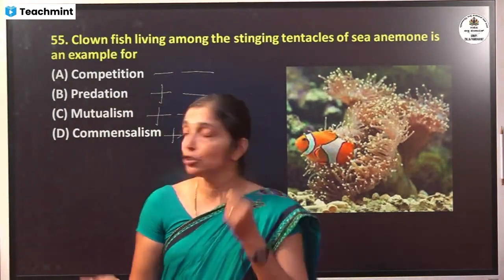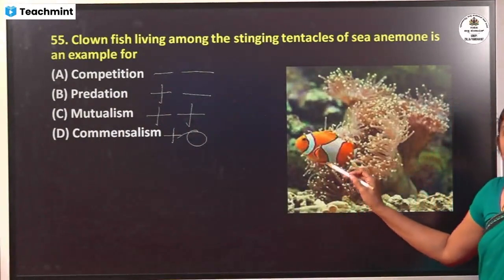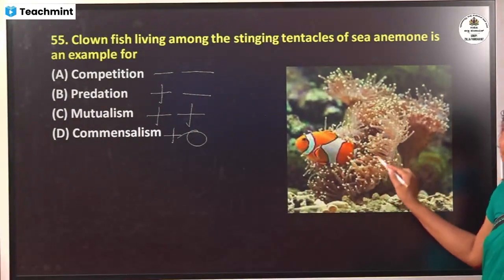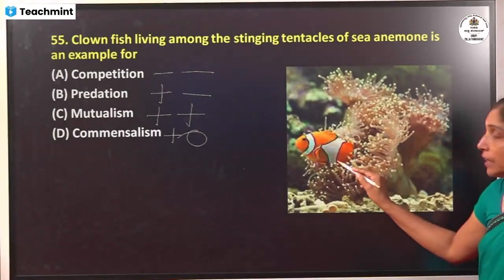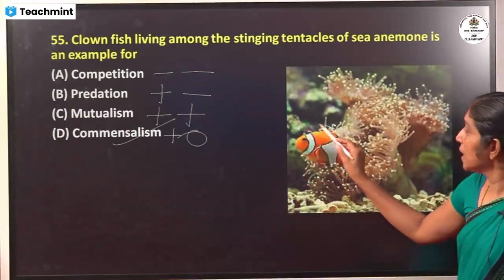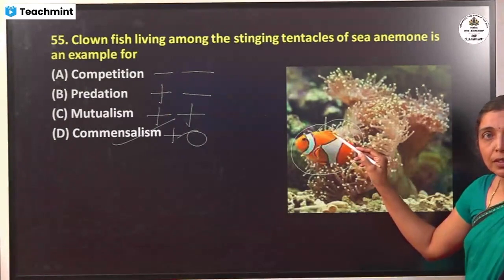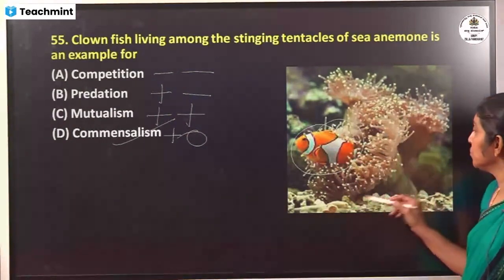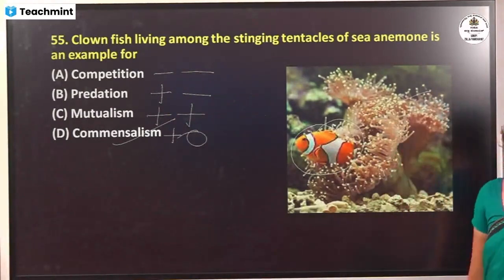So when you come to the clownfish and the sea anemone interaction, this is actually an example of commensalism, because the clownfish, whether it is there or not, residing between the sea anemone, it doesn't make a difference to this Metridium or sea anemone.